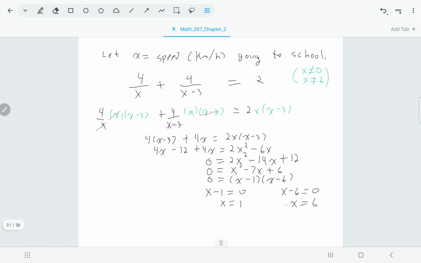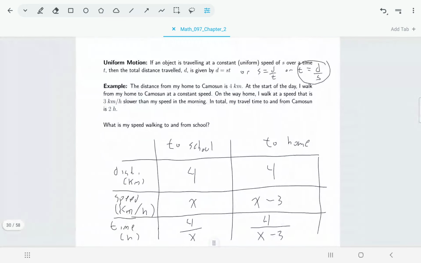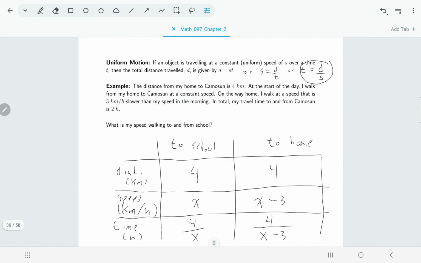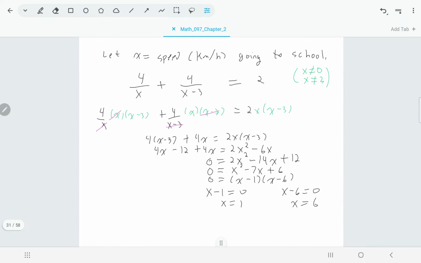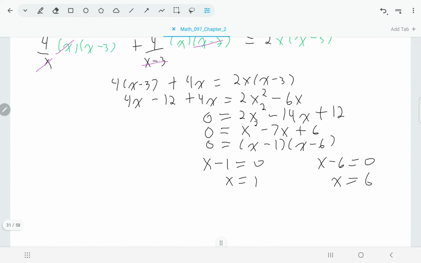Right now, it looks like both of these values seem reasonable, so if we go back to our little table, we'll ask ourselves, are both of those values reasonable? If you had a speed going to school of 1 kilometer an hour, then that would mean that your speed going home would be 1 minus 3. Your speed going home would be -2. So even though the speed going to school seems reasonable, this would make the speed going home not reasonable.